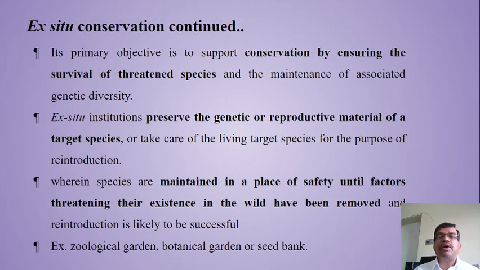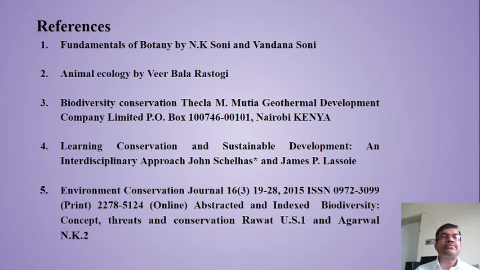The main objective of ex situ conservation is to ensure the survival of threatened species. Ex situ conservation preserves the genetic material and maintains the safety of threatened plant and animal species.